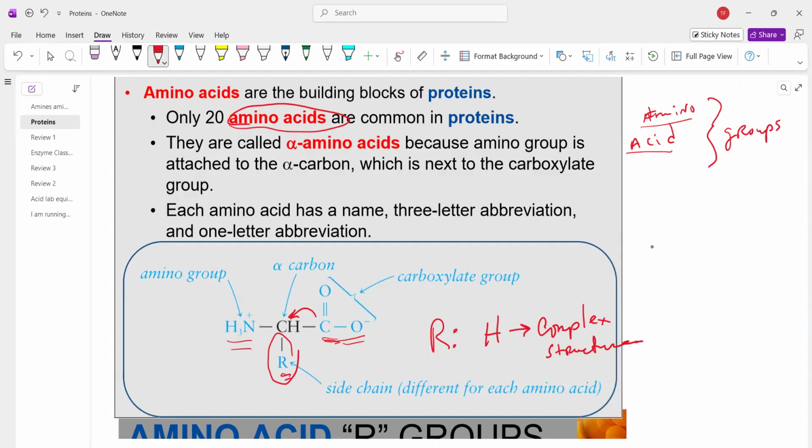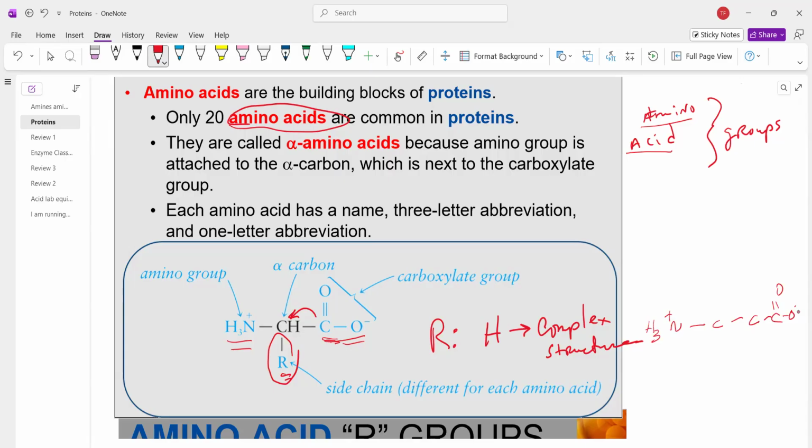It just varies. You can also have multiple carbons.